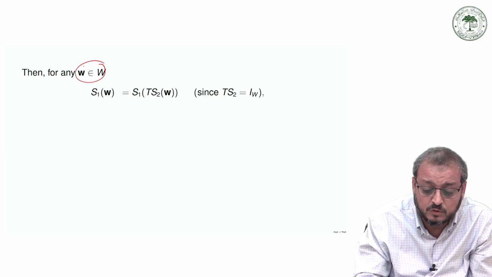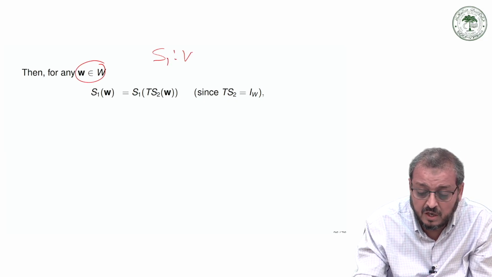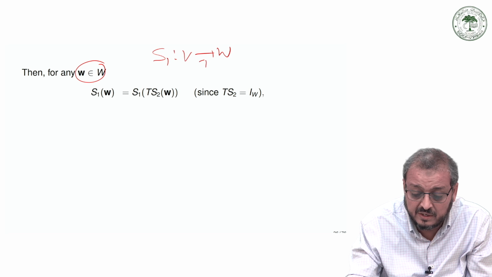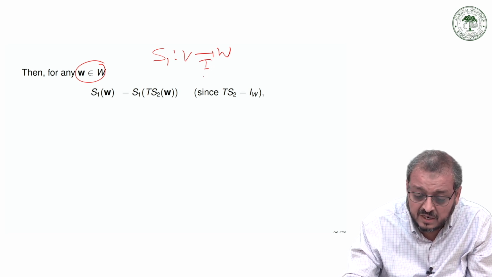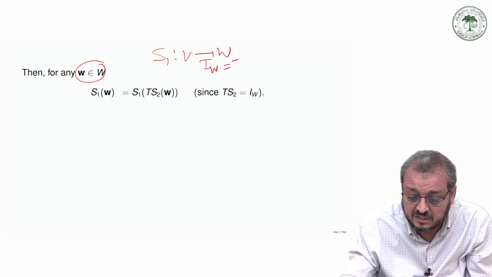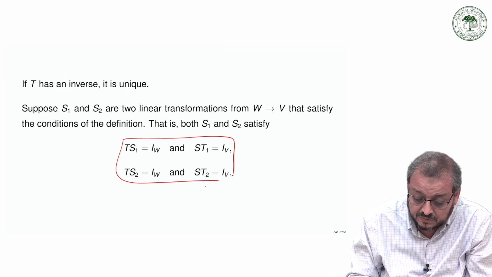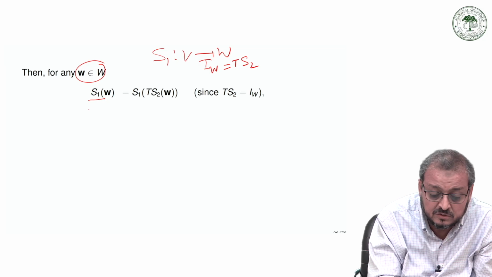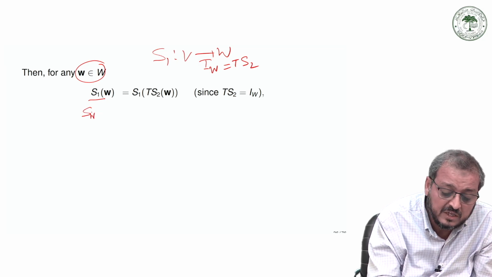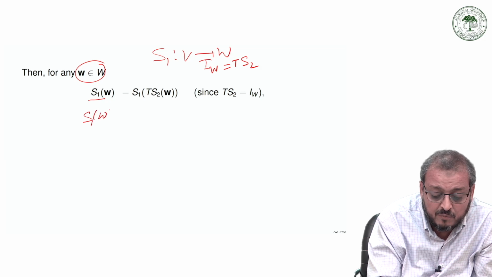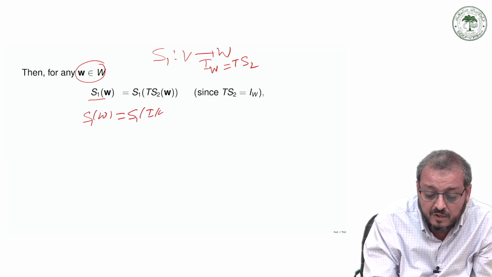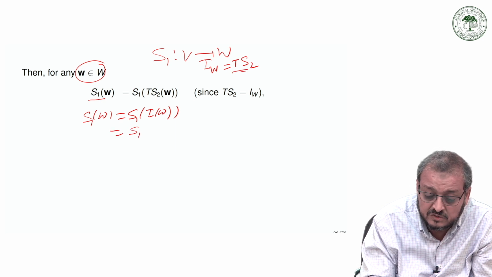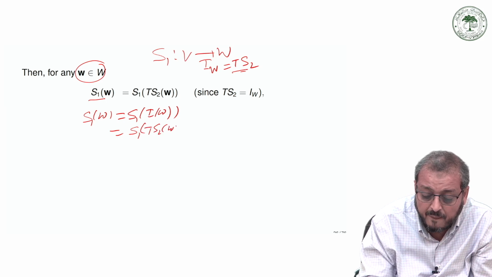For any w belonging to W, we can write S1 of w as S1 of I_W of w, and now I_W of w is nothing but equal to T of S2 of w, since TS2 is equal to the identity of W. So this can be written as S1 of T of S2 of w.